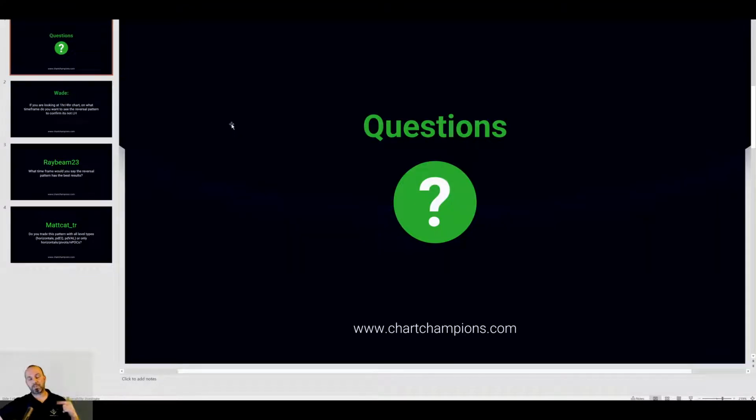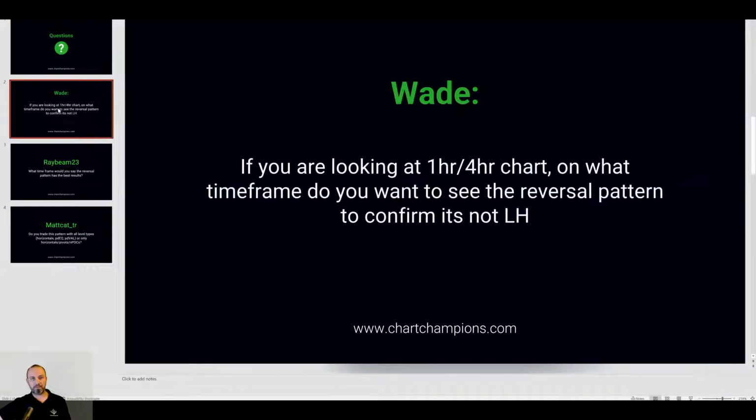This is from the first stream. A question from Wade: if you're looking at a 1 to 4 hour chart, on that time frame do you want to see the reversal pattern to confirm it's not a lower high? Actually, the reversal patterns give the best results when you see the patterns locally.